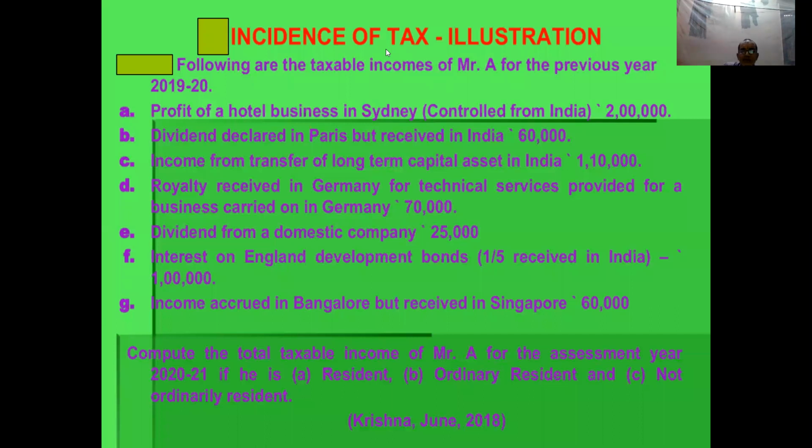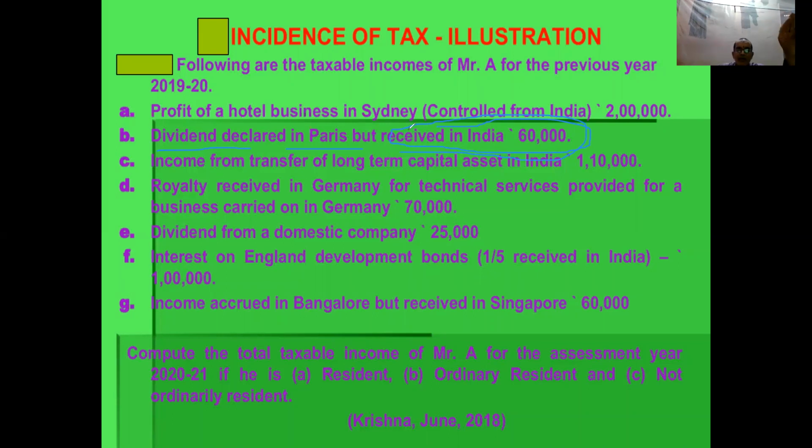Okay. Now next one. Dividend declared in Paris. Paris means which country? France. France's capital is Paris. France is a country in Europe. So dividend declared in Paris but received in India. This word is important: received in India. Whenever any person receives income in India, it is an Indian income.